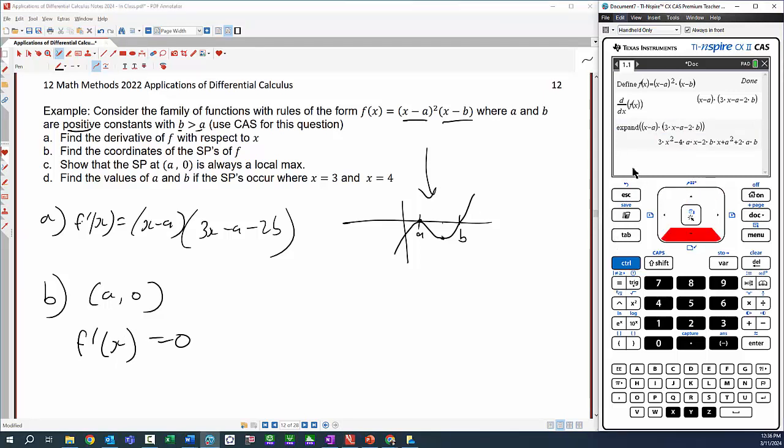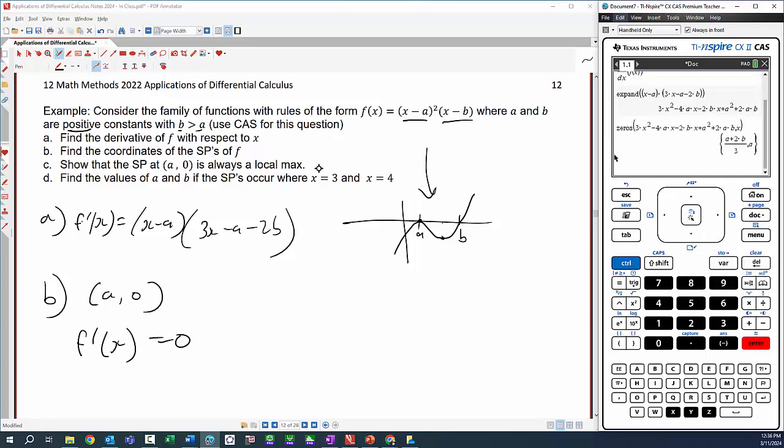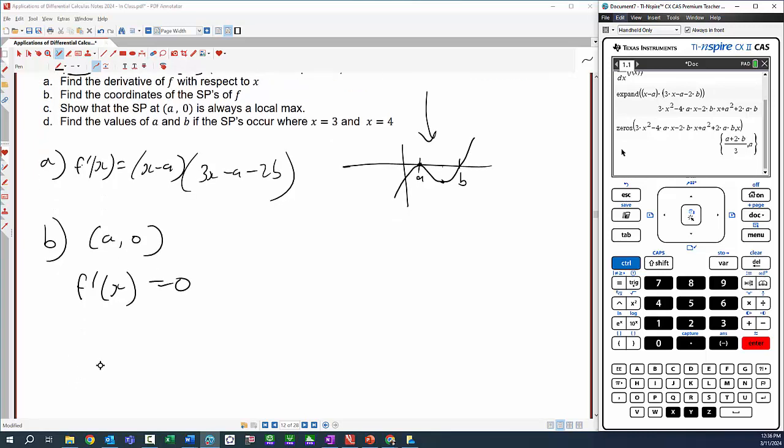This is the derivative here, so we'll go zeros, and it says it's got two stationary points, one at a and one at (a + 2b)/3. We've already got the (a, 0), we know that one.